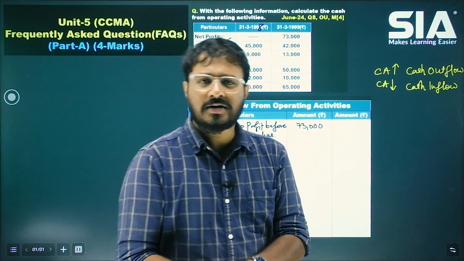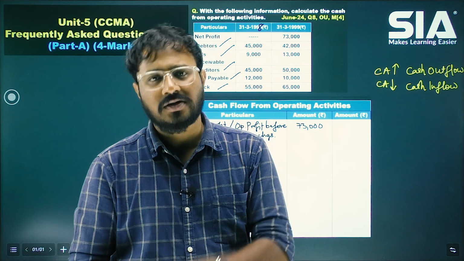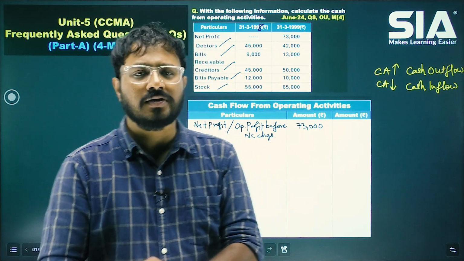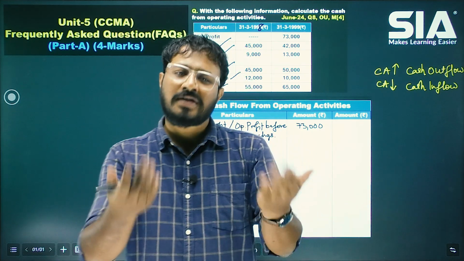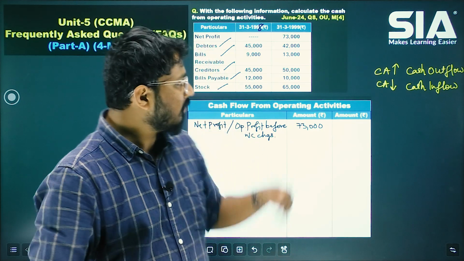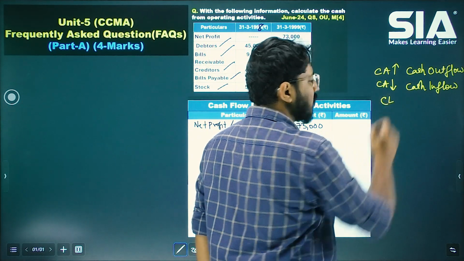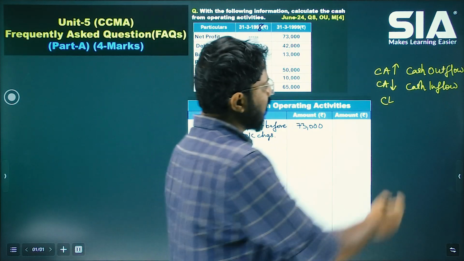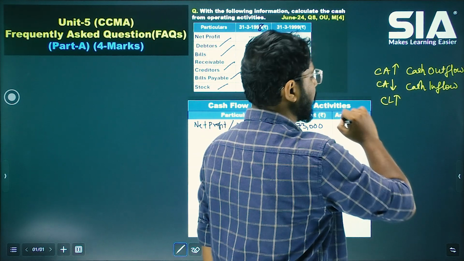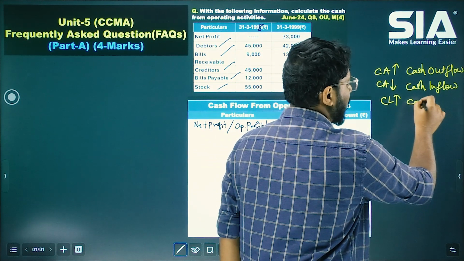Same example for debtors. Last year, let's suppose 30,000, current year only 20,000. What happened to the 10,000? We received cash. Now exactly the opposite logic applies for current liabilities. If a current liability is increasing, it means cash inflow.